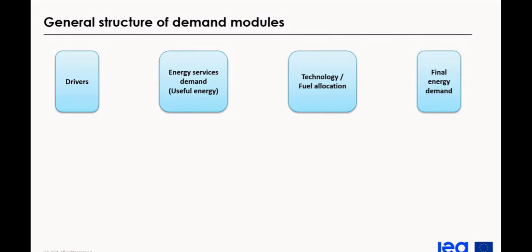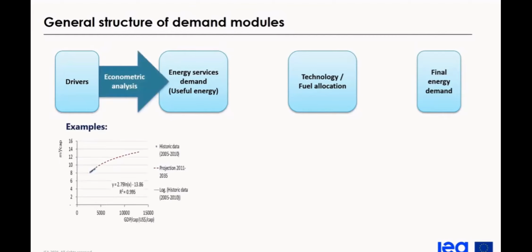We may know what is the demand today for electricity for lighting houses, but we don't know very well how this will evolve. So we can try, based on econometric analysis, to estimate this. And a driver that could be a good indication of lighting services could be the square meters per capita.